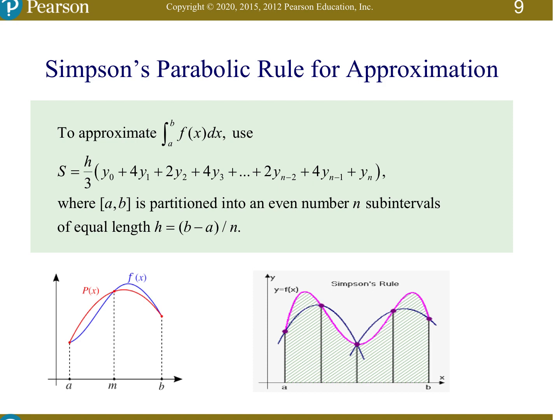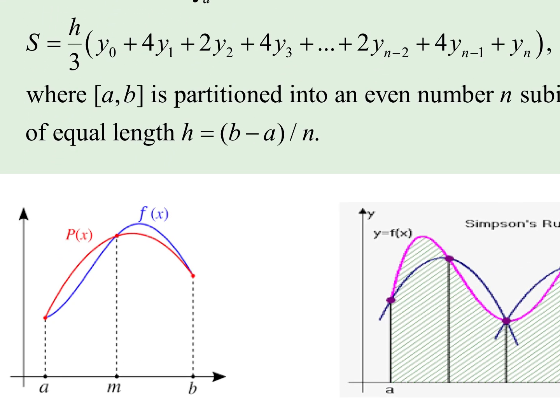A Simpson's parabola has 2 unequal sides connected by a curved parabola like this. And on the other side, you would have 2 unequal sides connected by a curved parabola.